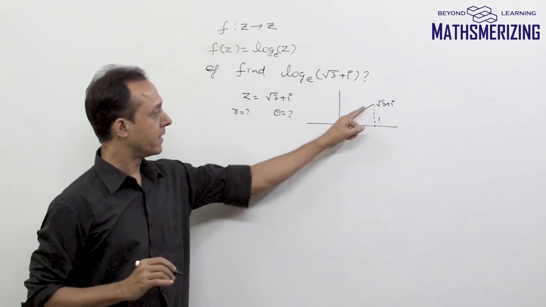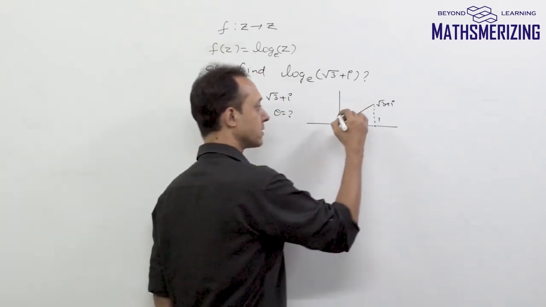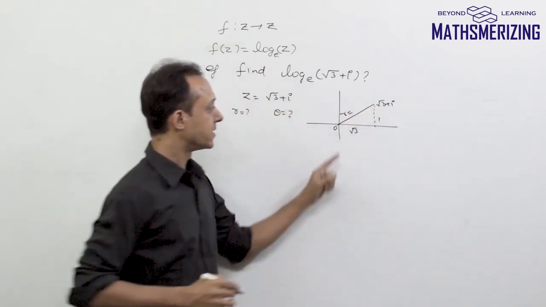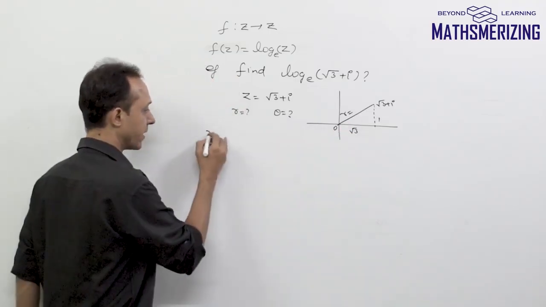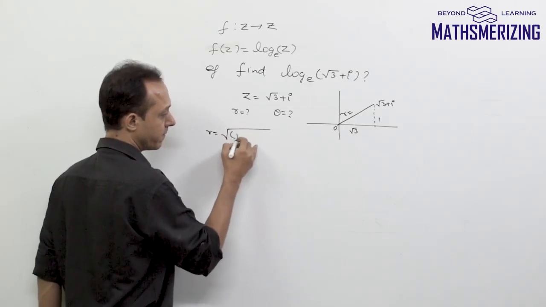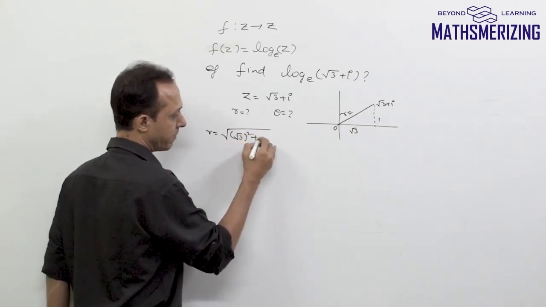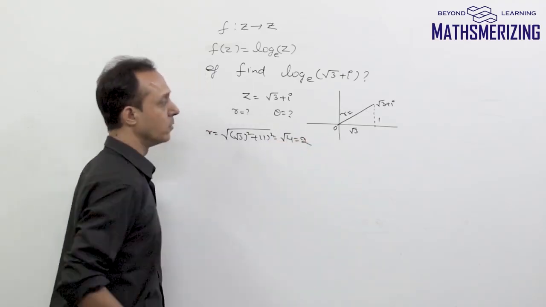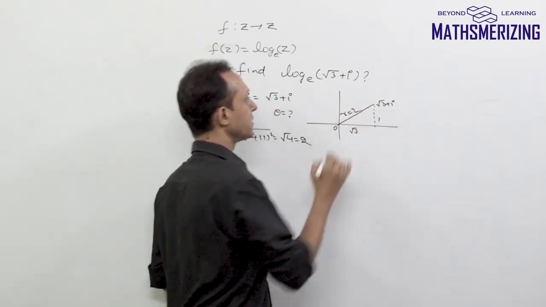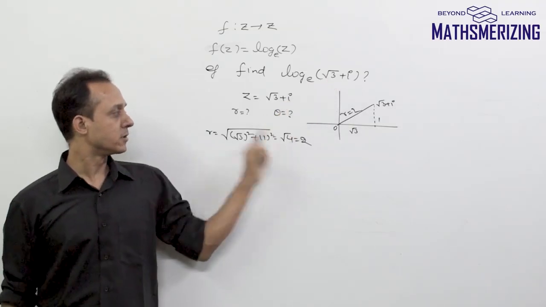Now we can find the distance from origin, which is its modulus. So modulus in this case will be under root of 3 square plus 1 square, which is under root of 4, and that will be 2. So modulus of this complex number root 3 plus iota is 2.